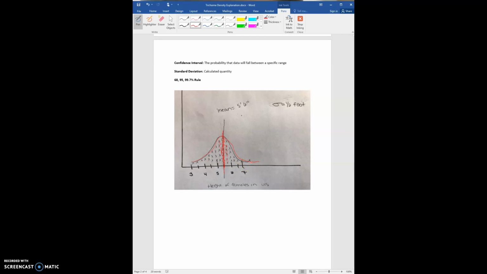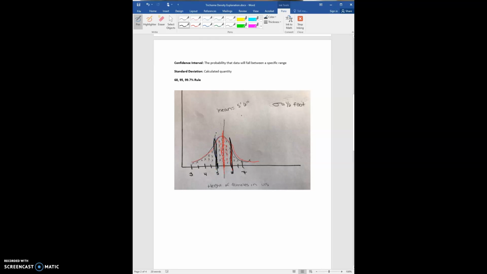To find a confidence interval, what we're looking at is how confident you are that somebody's height is going to be within 6 feet and 5 feet. Let me go to a different color. I'm not very good at drawing with this thing yet.